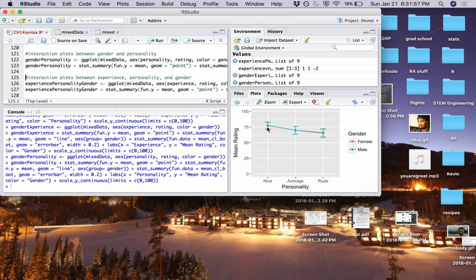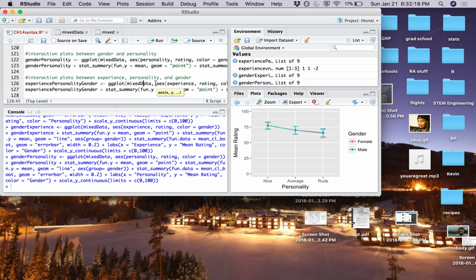So for both genders, as people became more rude or had less desirable personality, their average score decreased, also very similarly to experience, as we saw. Both genders rated about the same for the means.